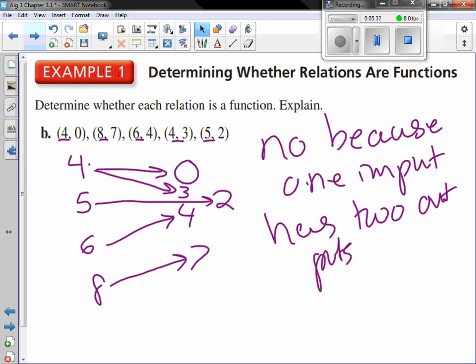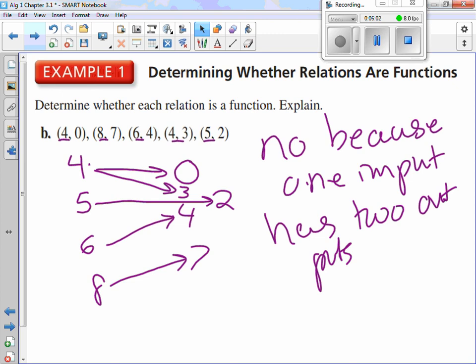So, if there was another number in place of the 4, if this had been 5 or 1, 0, then it would work, because since we have 4 and 4, we have the same input going to two different outputs, it does not work.